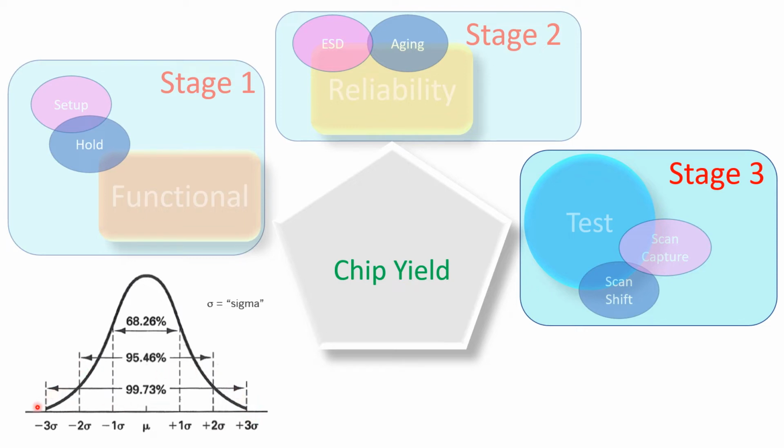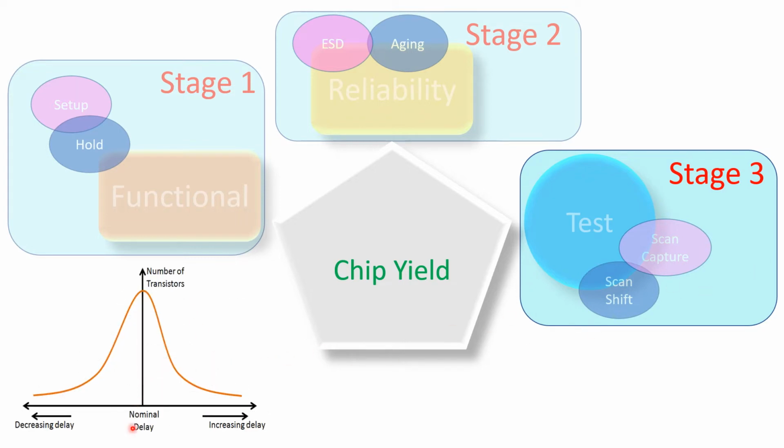Most of the time the distributions are not as normal as shown here. For example, the delay distribution will be somewhat like this, and though it appears normal, it is not purely normal. Here this is the decreasing delay and this is the increasing delay. Now this is the nominal delay for several distributed transistors in the chip.